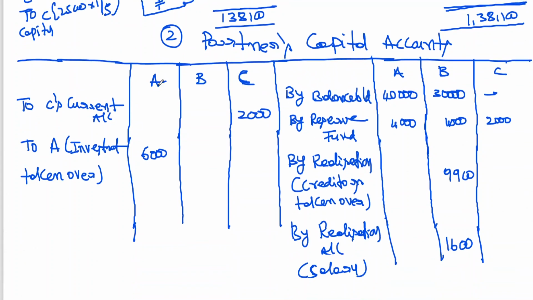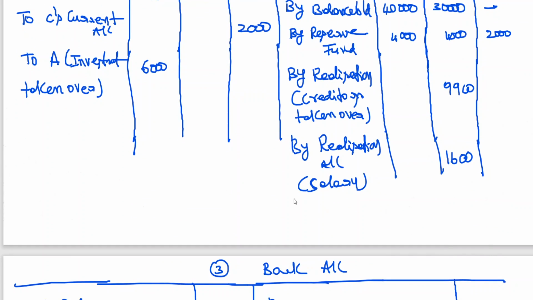Now in partners' capital account we should write by realization profit 10,000.